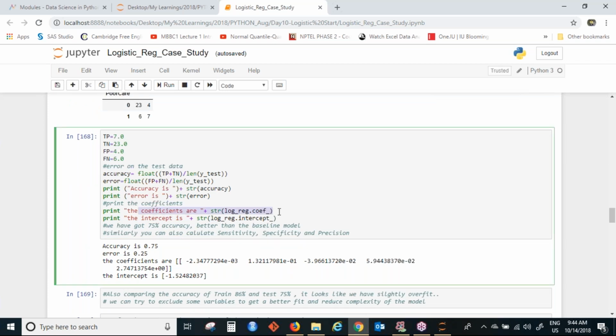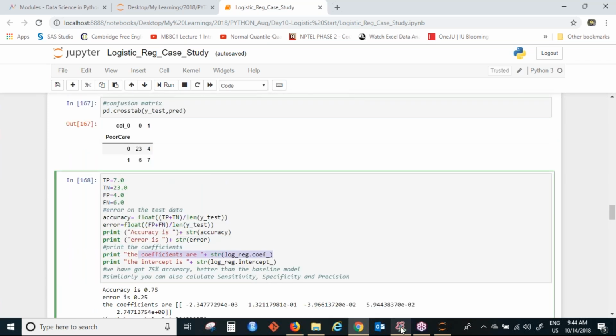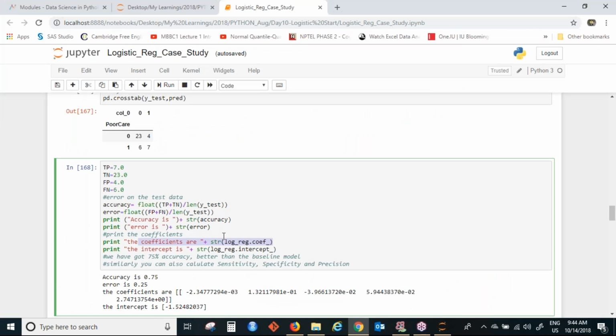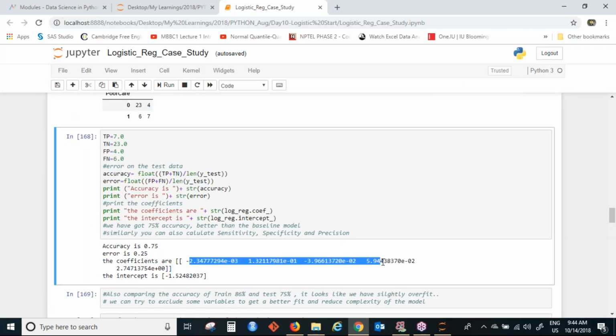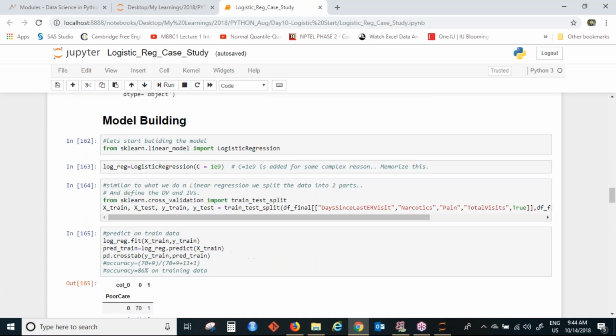Coefficients means betas, because in logistic regression also we have betas, right? We have the same equation basically, so we have betas here also. Those betas are what I have printed here. So these are the 4 betas. I have 5 variables, not 4: days since last year visit, narcotics, pain, total visits, and true.